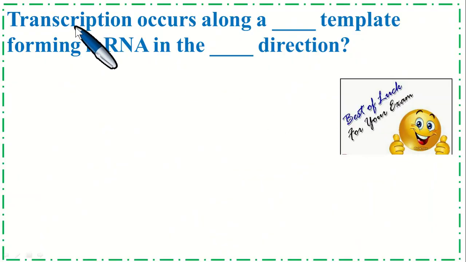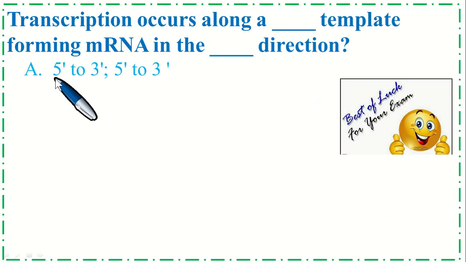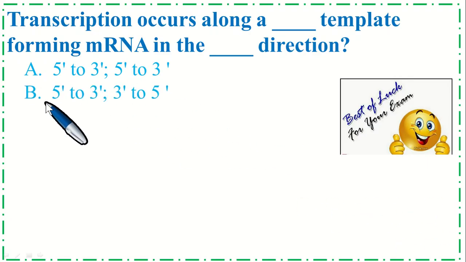Dear students, this is the last MCQ. Transcription occurs along a dash template forming mRNA in the dash direction. Option A 5' to 3' and 5' to 3'. B 5' to 3' and 3' to 5'.